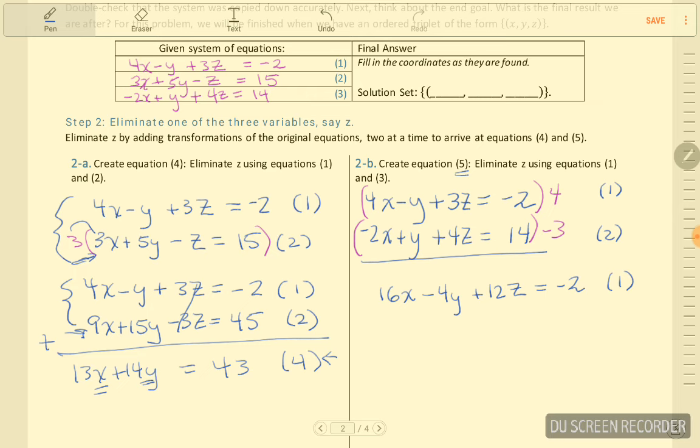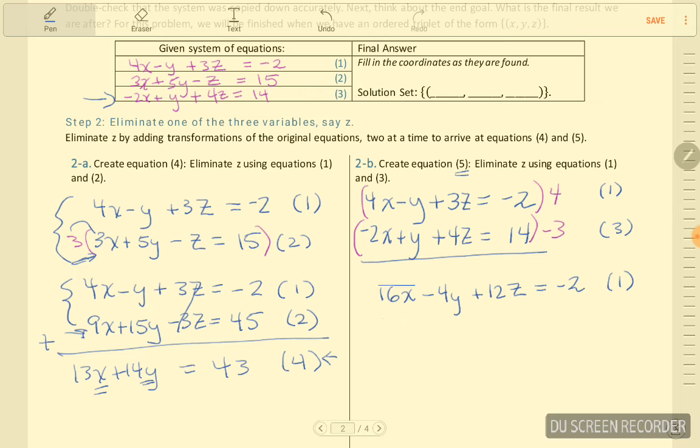And I just realized I'm calling this my second equation, but it really was equation 3 that I was starting from. So equation 3, the transformed version, I've got to change my signs here.